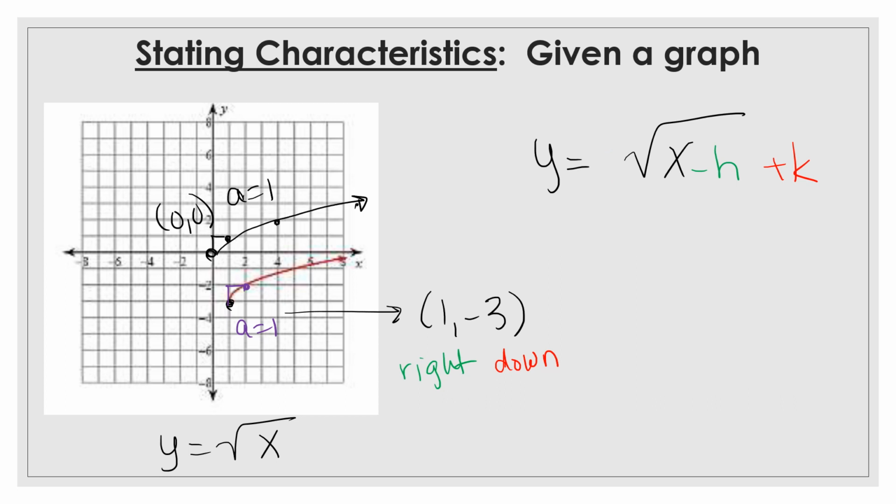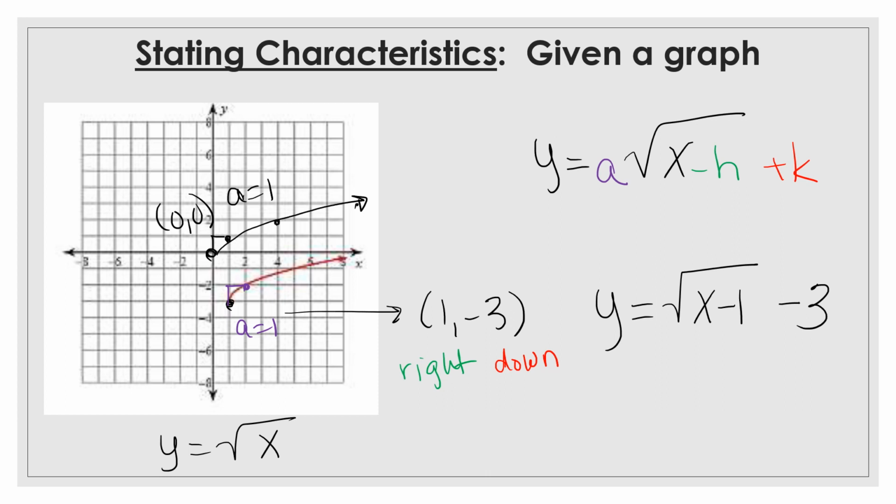So this equation works out to be y equals 1 times the square root of x minus 1, and then outside the radical is -3.